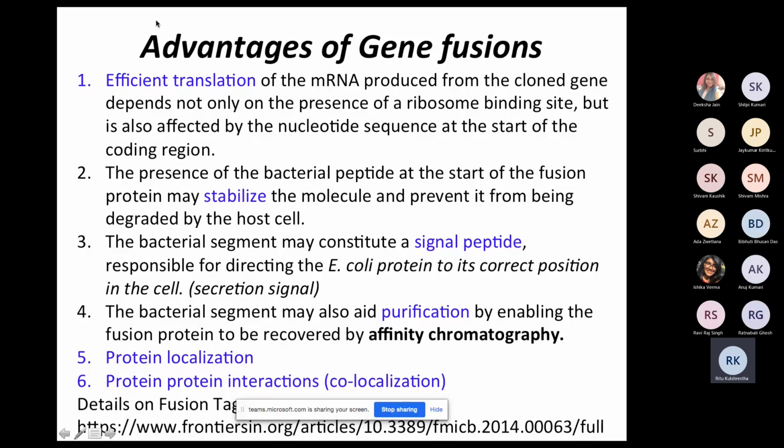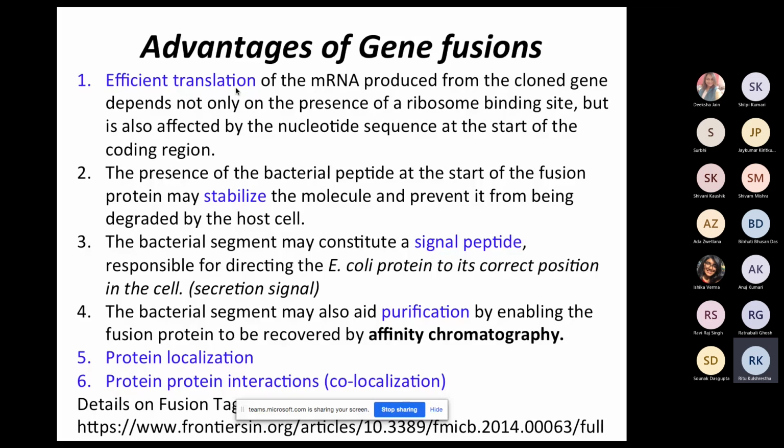So in one case, it was seen that it is improving the translation. And why we need that is because mostly in E. coli, we are overexpressing proteins from eukaryotic origin. If they are from eukaryotic origin, it was found that for certain proteins, the translation was not very efficient.